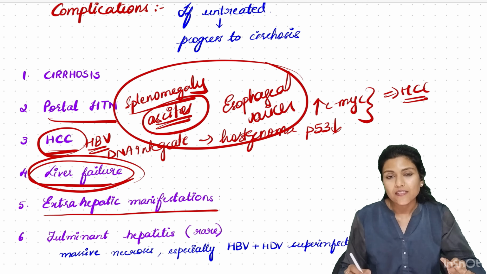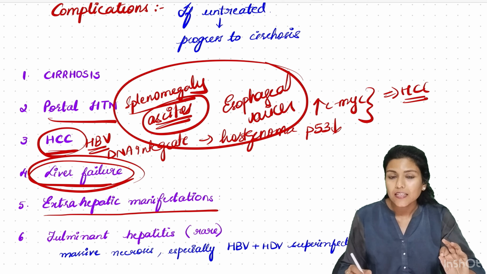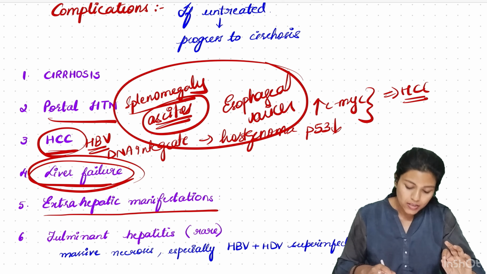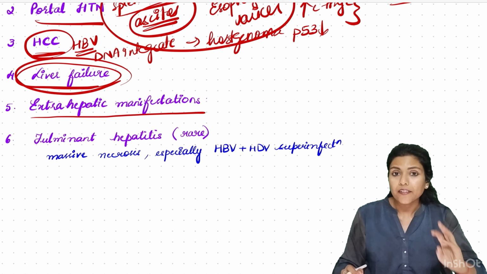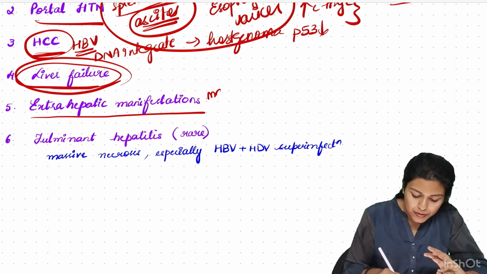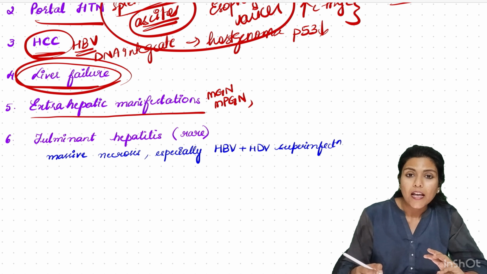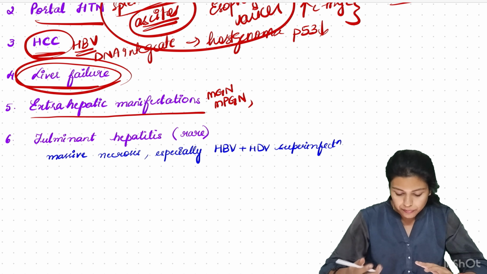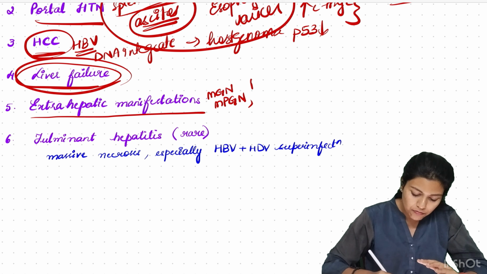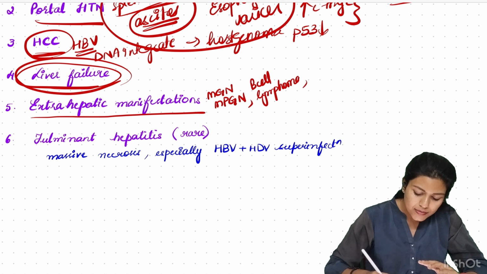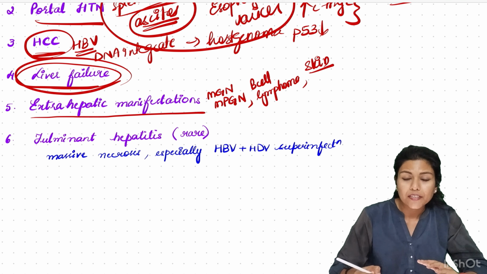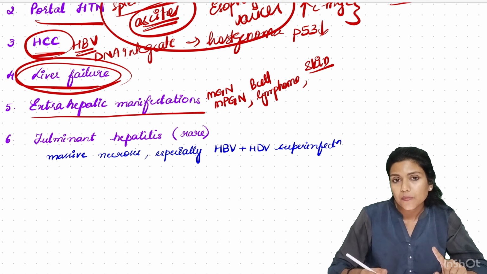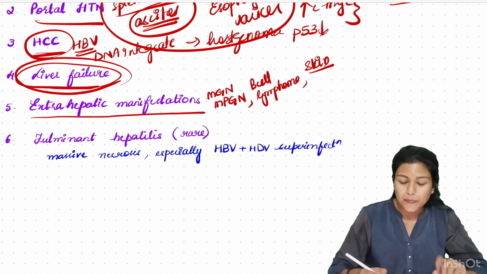Extrahepatic manifestations I have discussed in detail under the clinical features of chronic viral hepatitis, wherein there are renal manifestations like membranous glomerulonephritis and membranoproliferative glomerulonephritis, and lymphoid neoplasms like B cell lymphoma. Skin manifestations like vasculitic rashes and lichen planus are there because of immune complex deposition in the skin and mucous membranes.